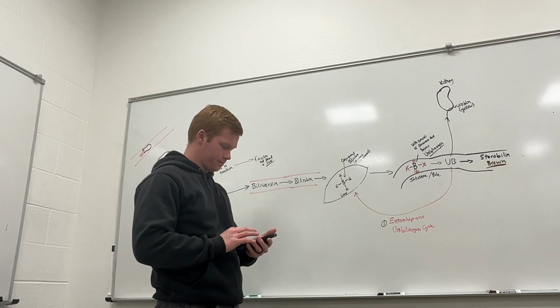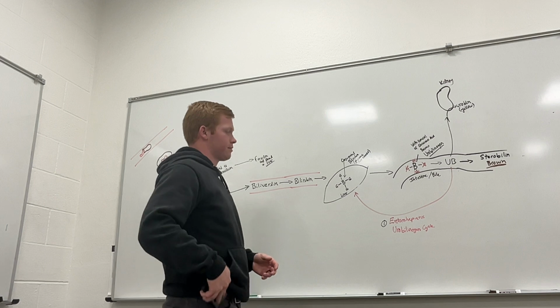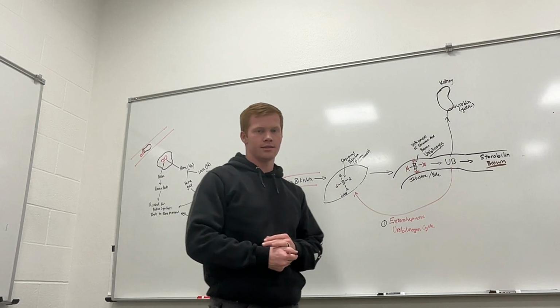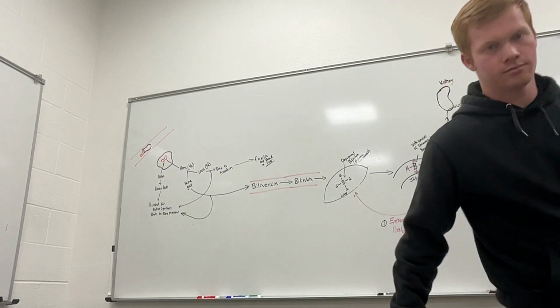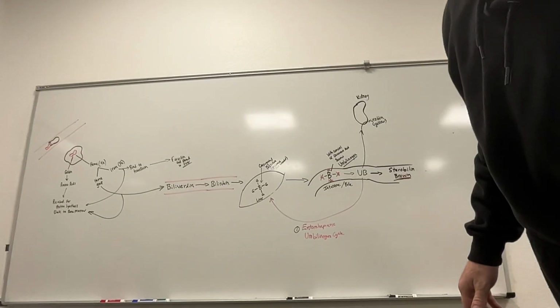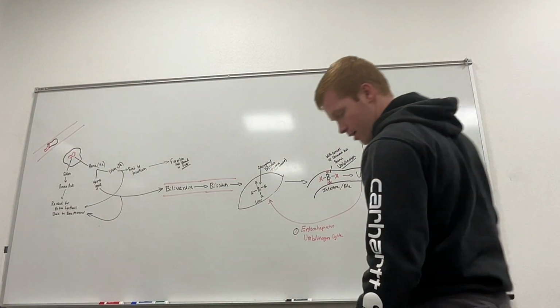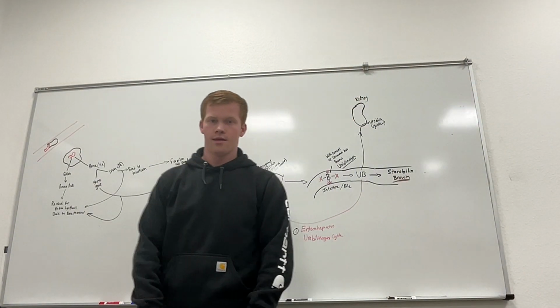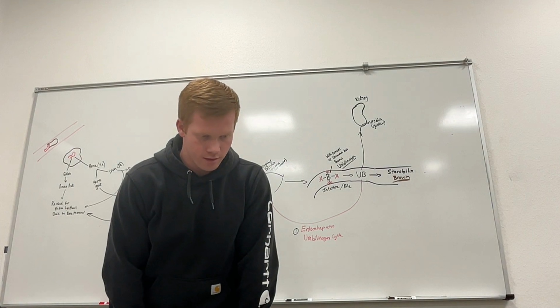So another thing I want to mention with this is jaundice. Jaundice is a disease that's found a lot in newborns, and that's due to their liver not being completely matured.